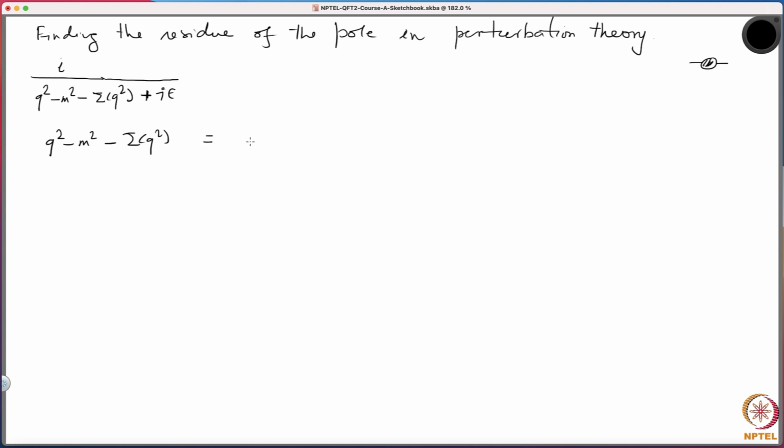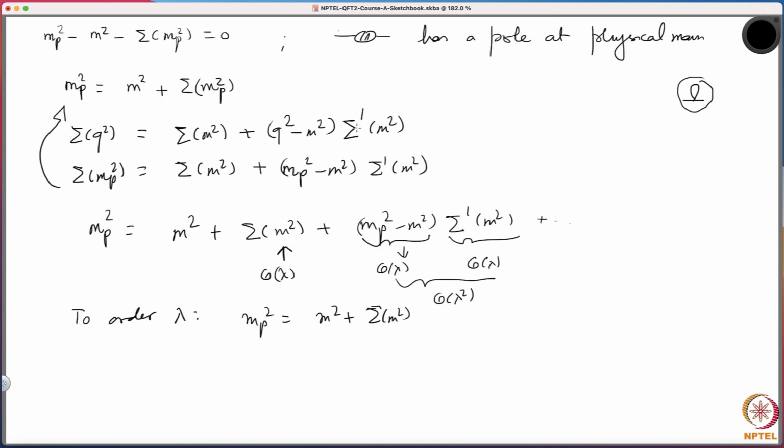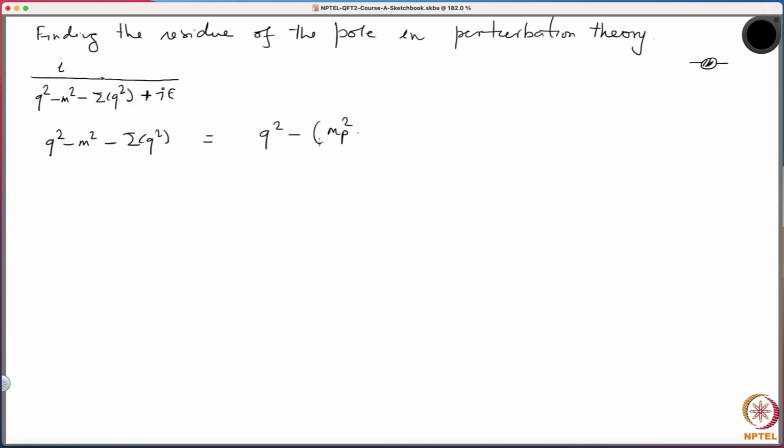This I can write as q square minus m square, and we have seen that m square is mp square minus sigma of mp square, because to the lowest order m square is the same as mp square. Then minus, and I do an expansion around mp square, the physical mass.